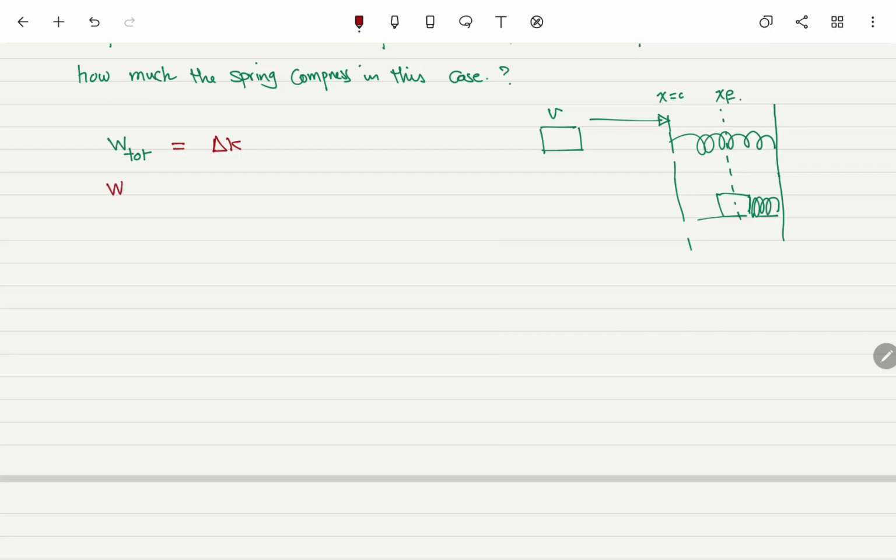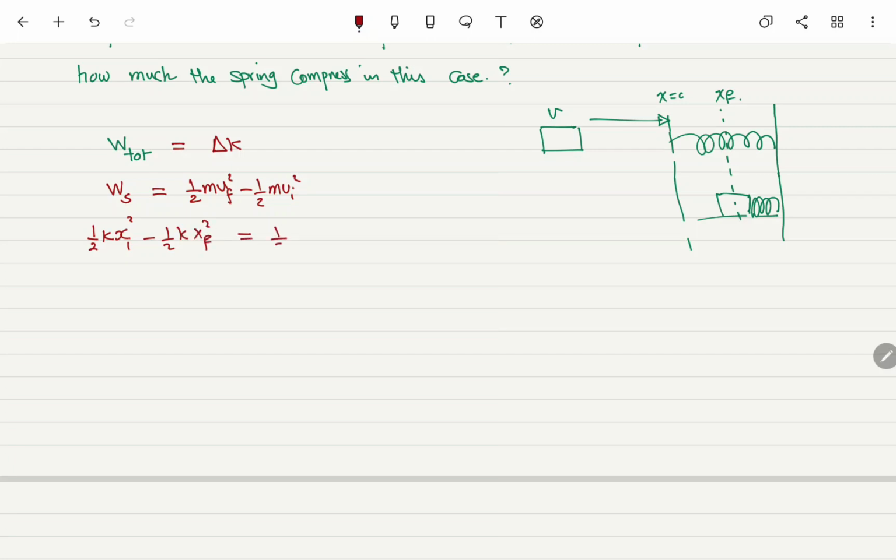Now work done by the spring is equal to half m v final square minus half m v initial square. Work done by the spring is also equal to half k x initial square minus half k x final square.